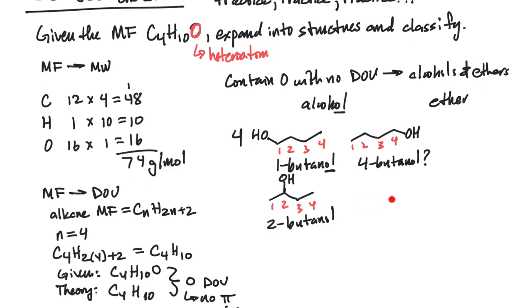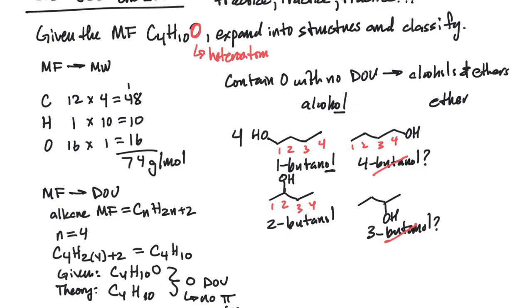So the same thing could stand for why 3-butanol also does not exist in terms of a proper name. So those would violate nomenclature rules. And as I mentioned, they're essentially just redrawing the things we already drew. So those are the linear alcohols.